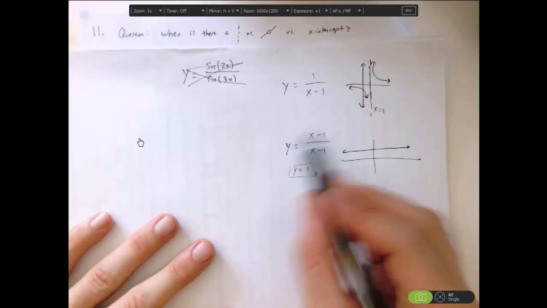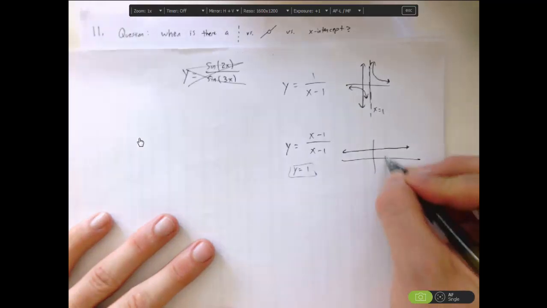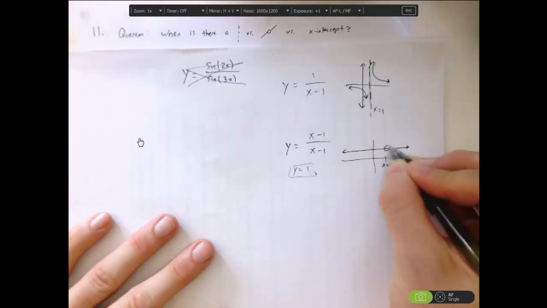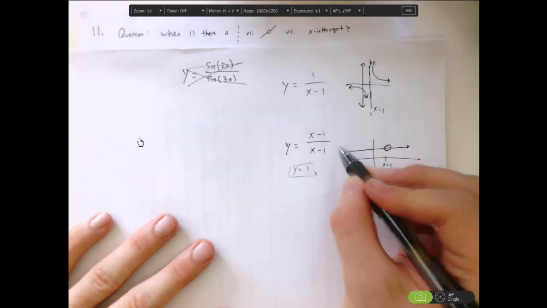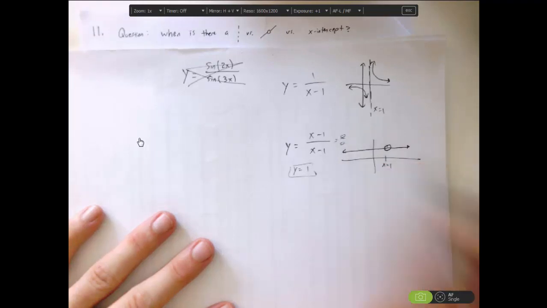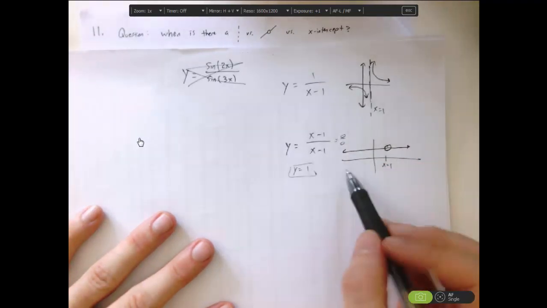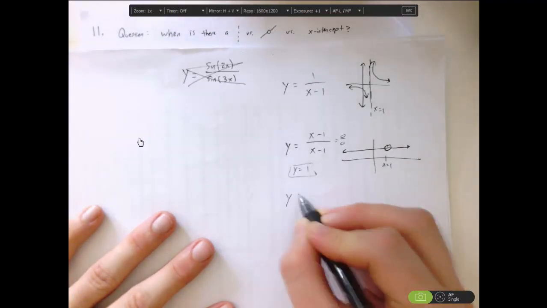The domain of this function is all real numbers except for 1. So that creates a hole right at x equals 1, like this. Let's think about what happens when I plug in x equals 1. I get 0 over 0. So this is a good example of the type of situation where you're going to have a hole.